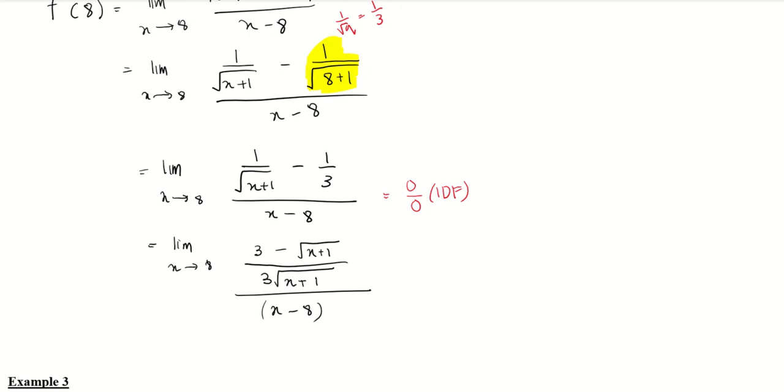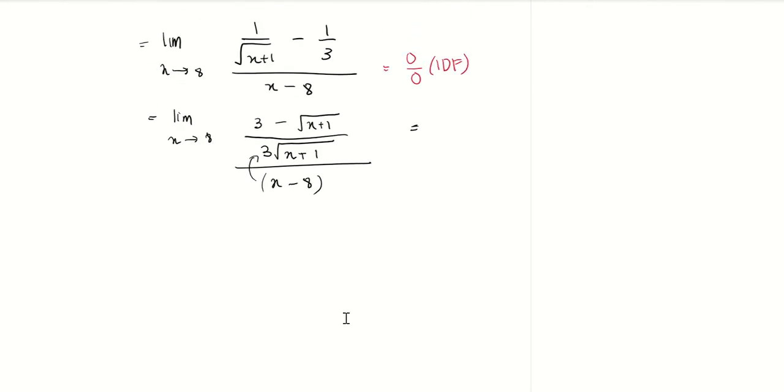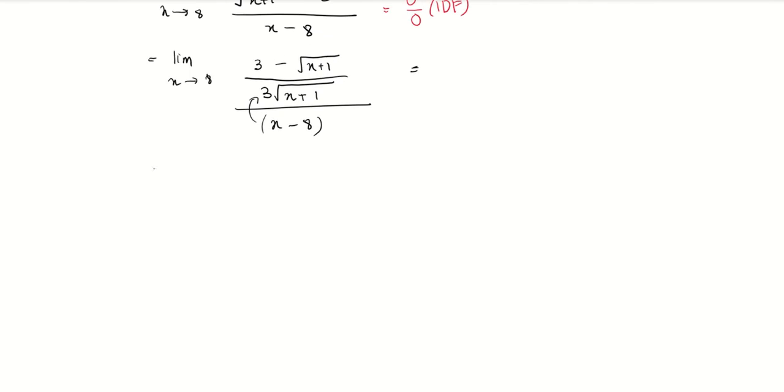So when we multiply the x minus 8 here, it becomes the limit of x approaches 8 of 3 minus square root of x plus 1 over x minus 8 times square root of x plus 1.